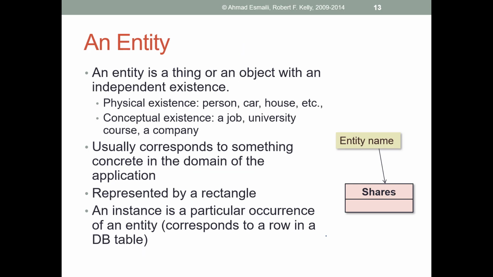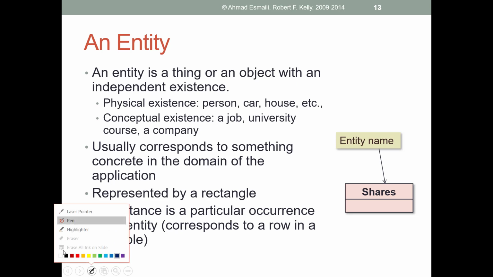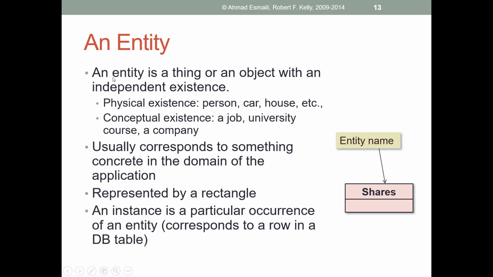Alright, so let's start with an entity, right? Entity is something which probably I introduced to you in the very first class, probably with not the best definition, but now I will attempt to give you a concrete definition so that you have a better idea about what an entity is in the database. So an entity is a thing. Wait a second, I should change this to pointer. Okay, an entity is a thing or an object with an independent existence.